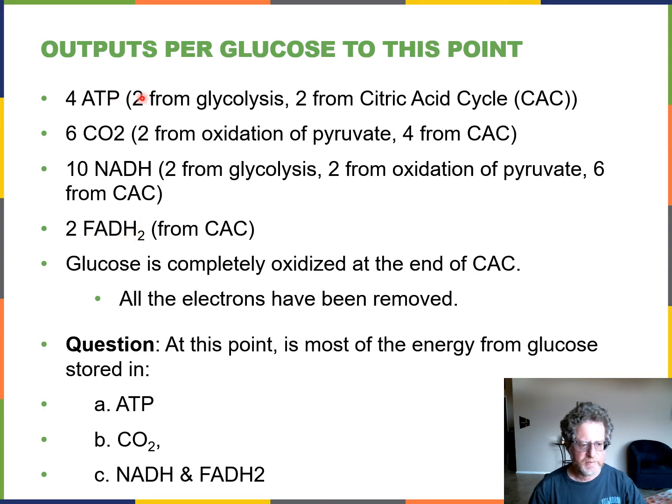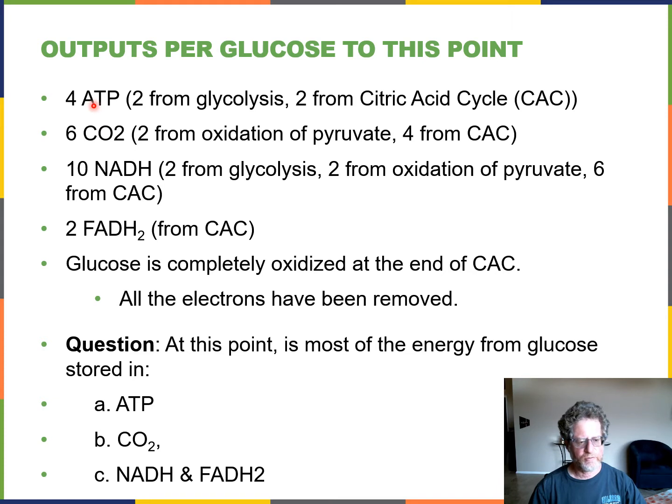A little bit in ATP, but most of the energy is in these high energy reduced coenzymes. Okay, so that's a question. At this point, is most of the energy from glucose stored in ATP, CO2, or the NADH and FADH2? And you really don't know until later, but we're going to find out that for every NADH, you'll make 3 ATP, and for every FADH2, you'll wind up making 2 ATP.